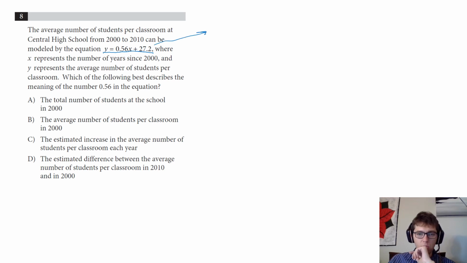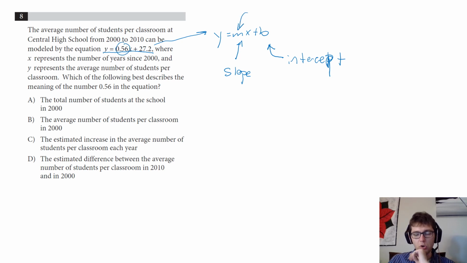It is the y is equal to mx plus b form of a line, where m is the slope, the change, and b is the intercept, the initial condition. And they're asking about this 0.56, which exists as m, so it is the slope. So keep that in mind when you're reading through each of your answer choices here.